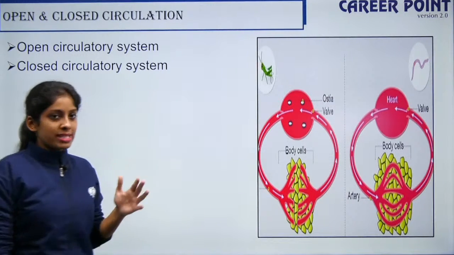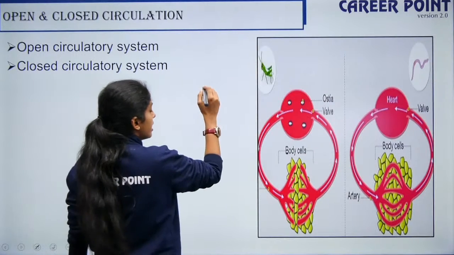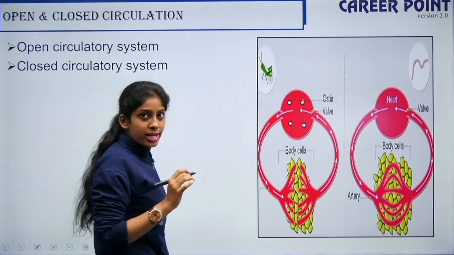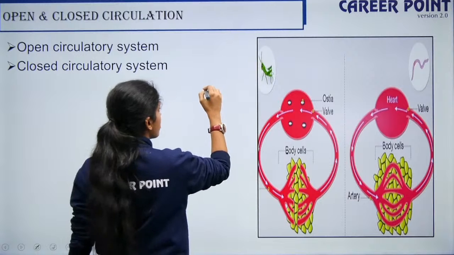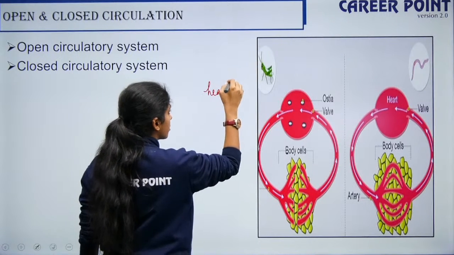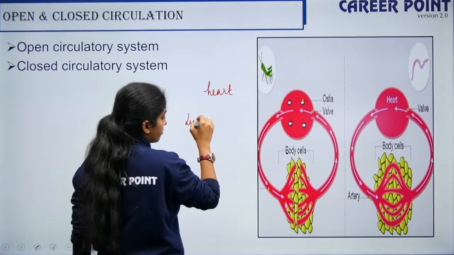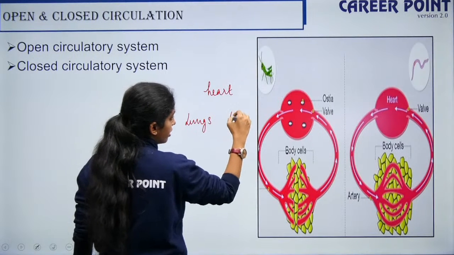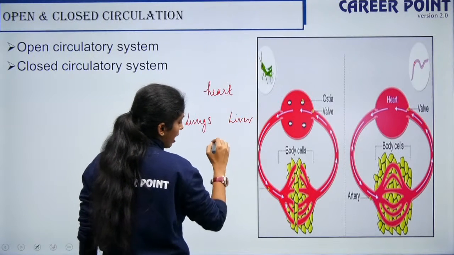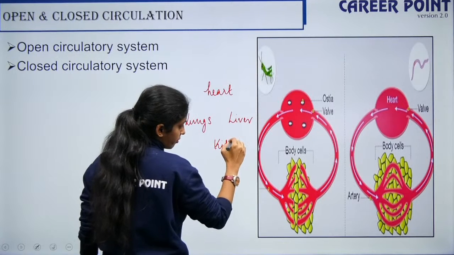So let me say, in our body, we are talking about higher vertebrates, for example humans. You have the heart, the lungs, the liver, the kidney, right?